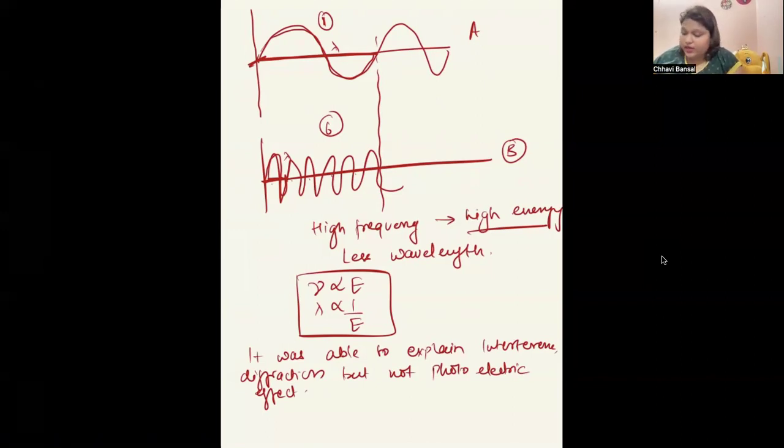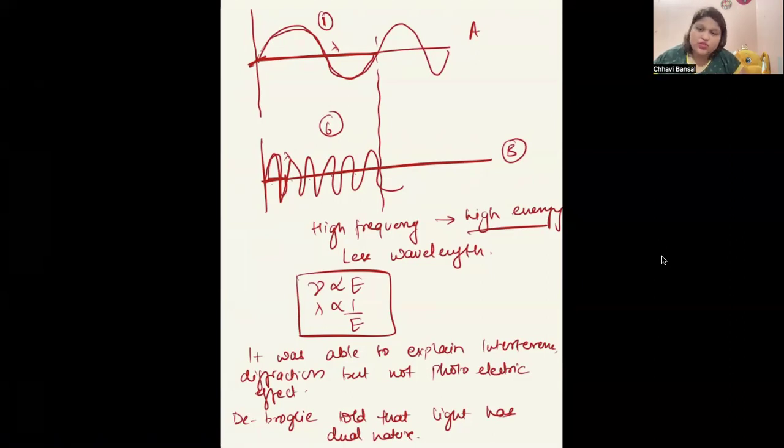So what did de Broglie do? De Broglie told that light has dual nature. Means sometimes it behaves as a particle, sometimes it behaves as a wave. To explain all the concepts related to light, diffraction, interference, photoelectric effect, refraction, reflection, every concept which is associated with light can only be explained by light having a dual nature.